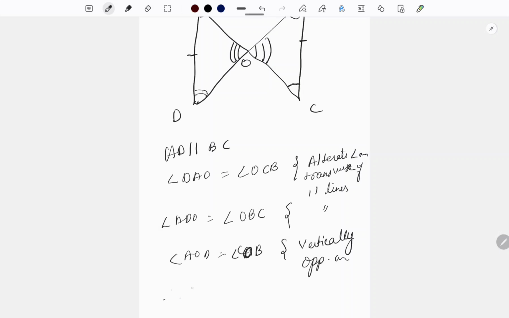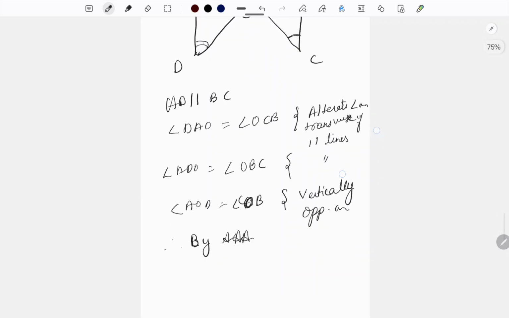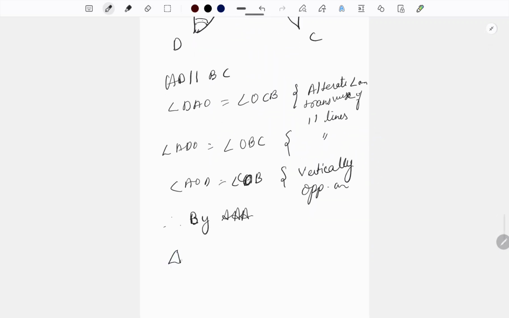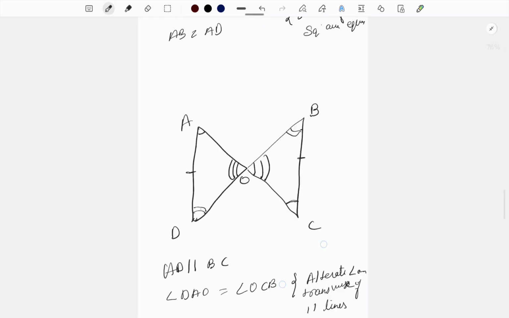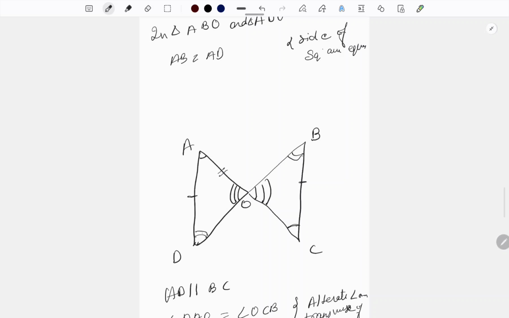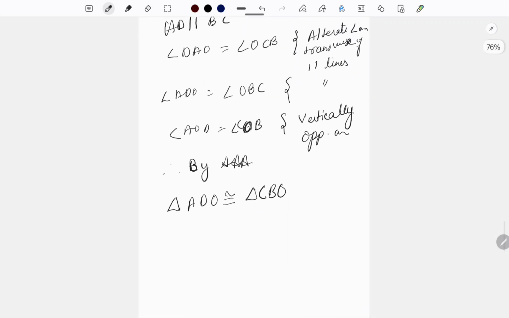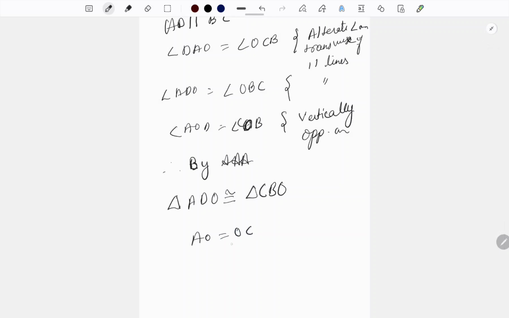So, therefore, by AAA congruency, triangle ADO is congruent to triangle CBO, and therefore when these two triangles get congruent, this will be equal to this by CPCT and this will be equal to this.